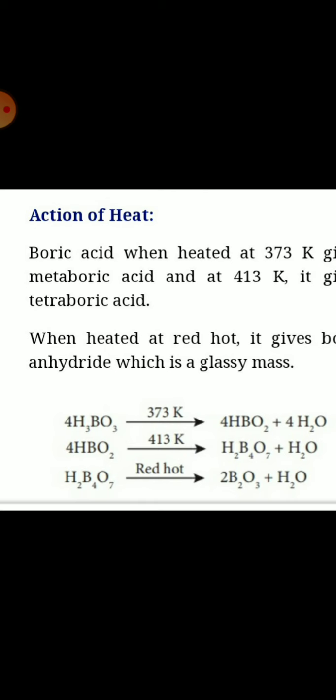Boric acid heated to a temperature of 373 Kelvin gives metaboric acid, and at 413 Kelvin we can heat it to produce tetraboric acid. When heated at red hot it gives boric anhydride, which is a glassy mass.